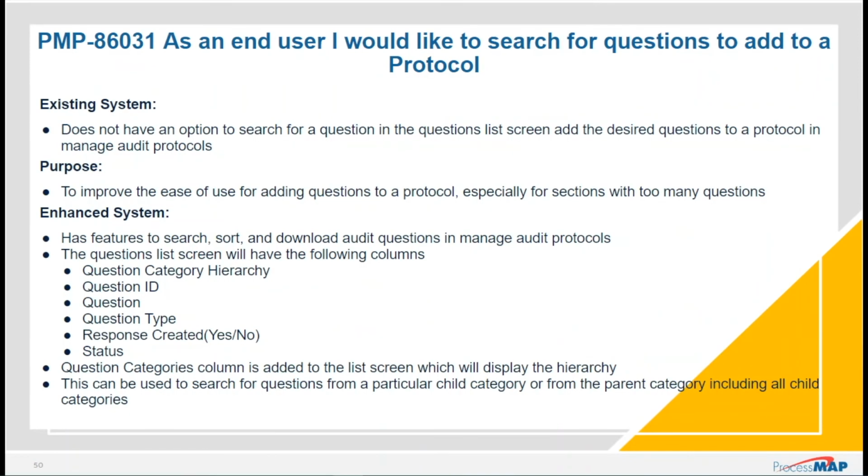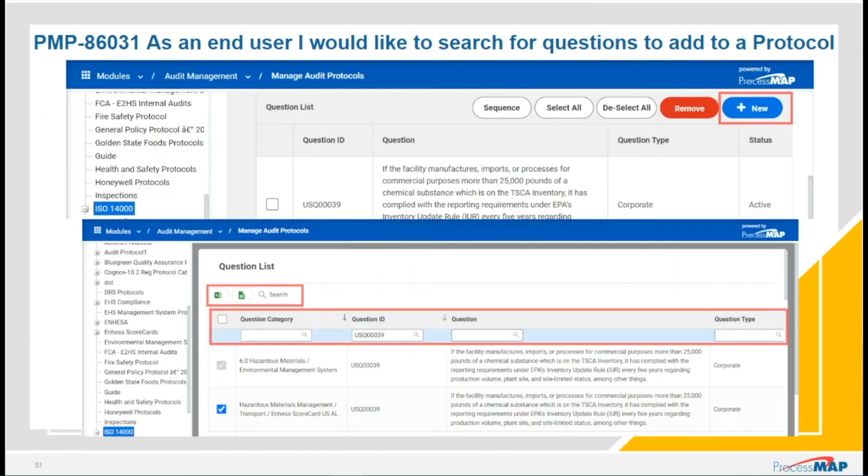The next update to our audit management module is probably one of my favorites through our entire 22.2 release, and it's the ability to search for questions to add to a protocol. Prior to this release, users did not have an option to search for a question in the questions list screen to add the desired question to a protocol in the Manage Audit Protocols.